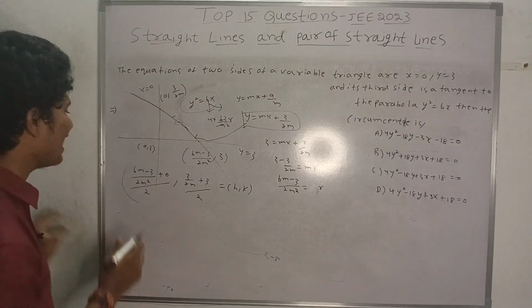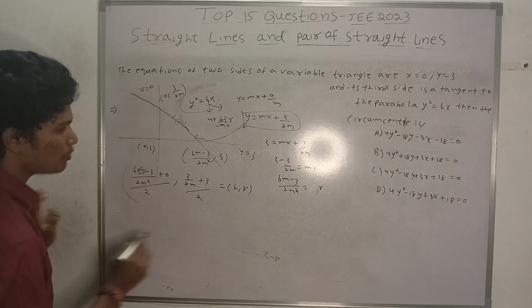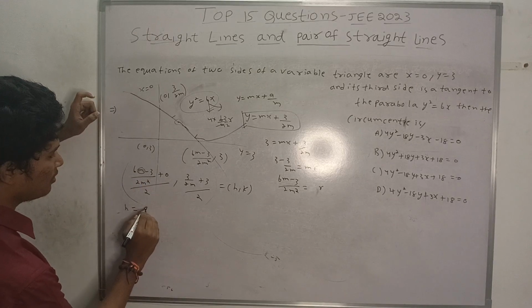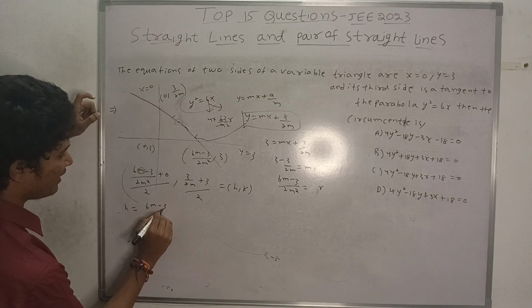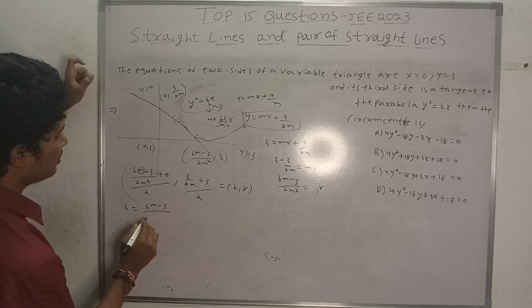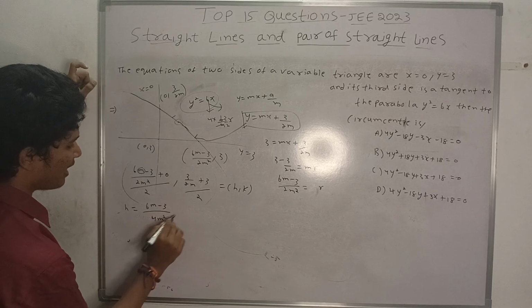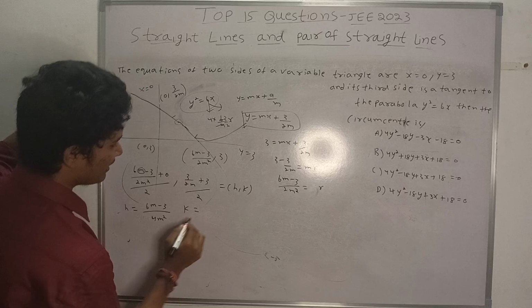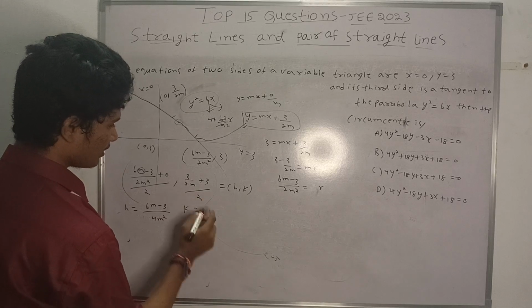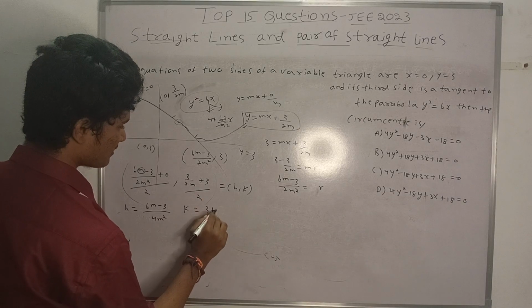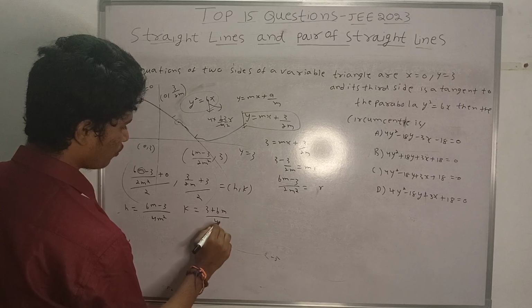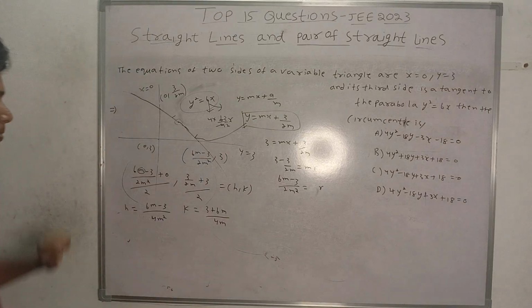How can we find the locus? By eliminating m here. So basically the h value is (6m minus 3) divided by 4m square, and the k value is (3 plus 6m) divided by 4m.